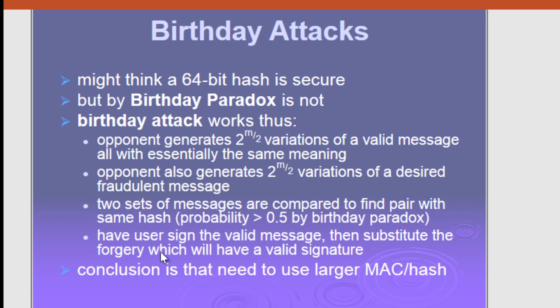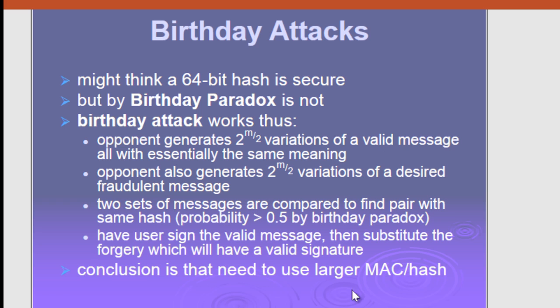The attack checks the signature of a valid message and then substitutes a forgery for the valid message under that signature. In this way, the hash code can also be attacked using birthday attacks.